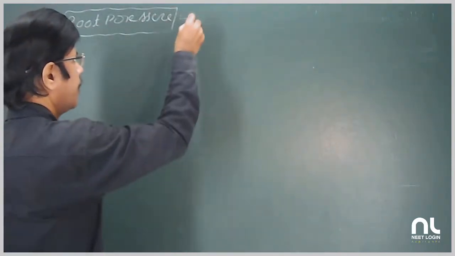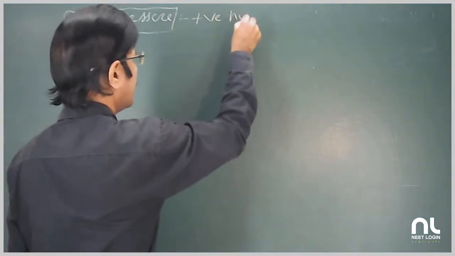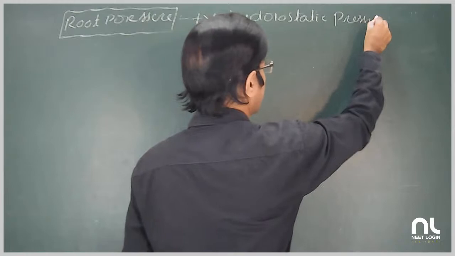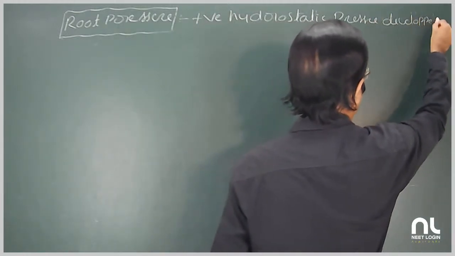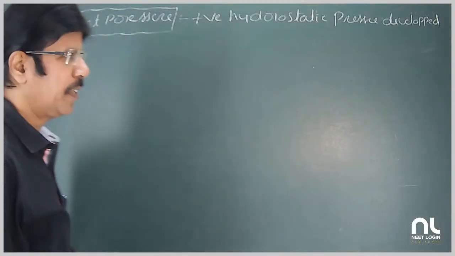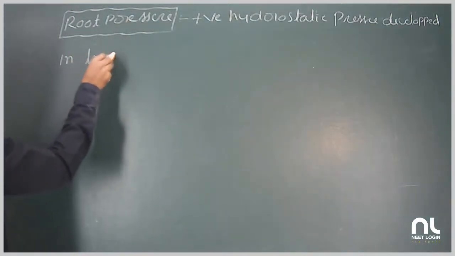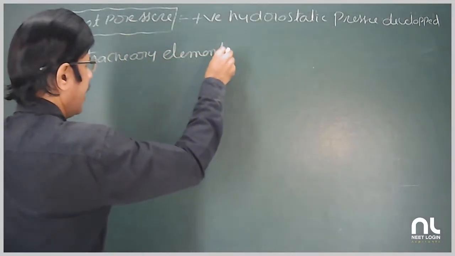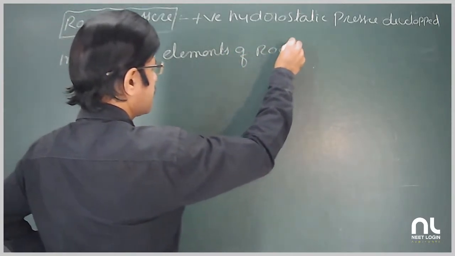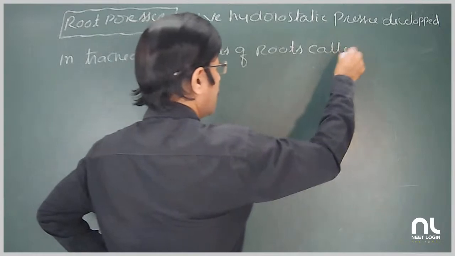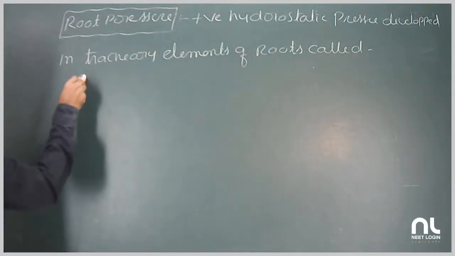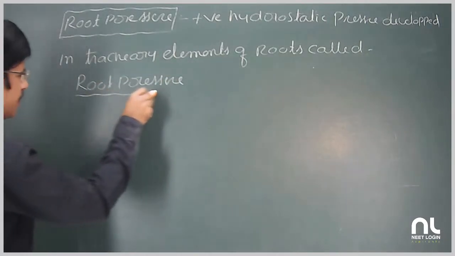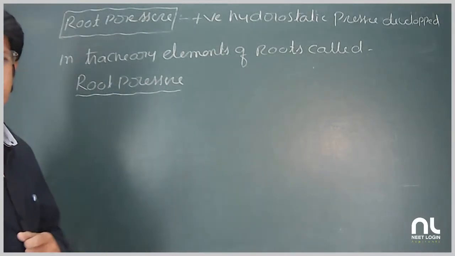Positive hydrostatic pressure developed in the tracheary elements of roots is called root pressure.